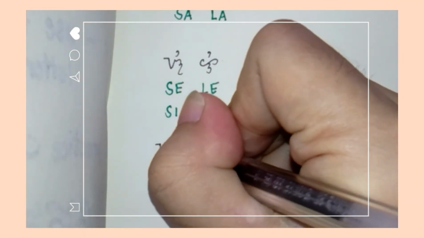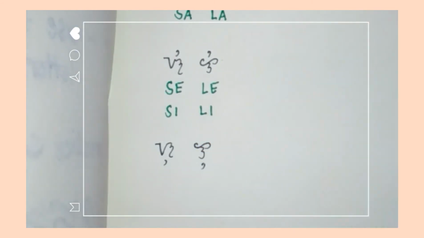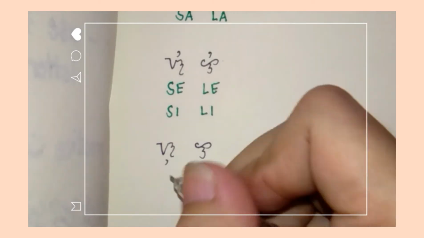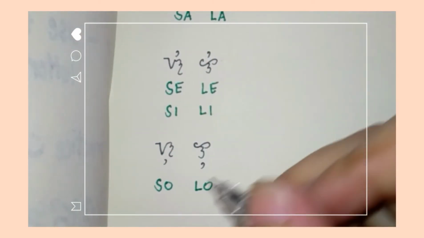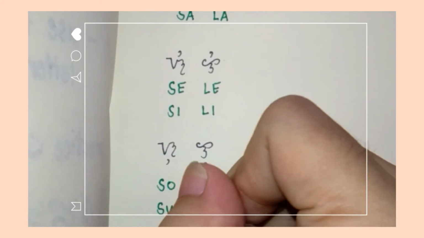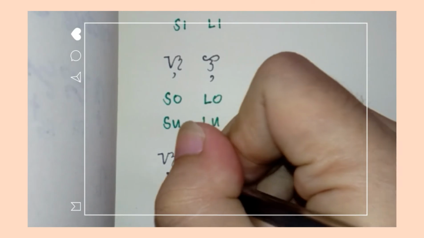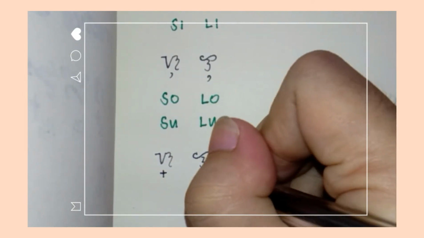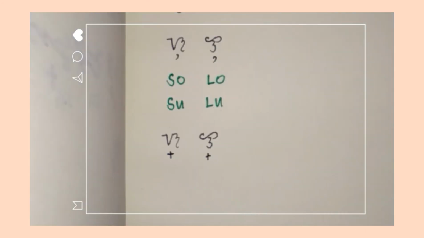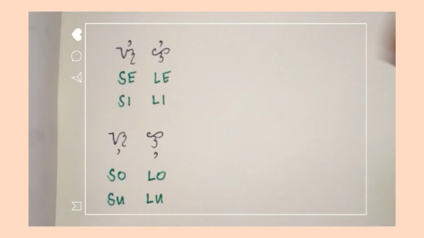Next, the kudlits are on the lower part of the character, so it can be read as solo or sulu. Next is the cross marks on the lower part of the character, meaning it is just a single letter, the S and the L.